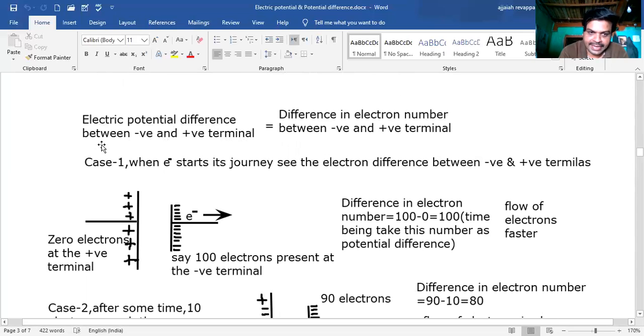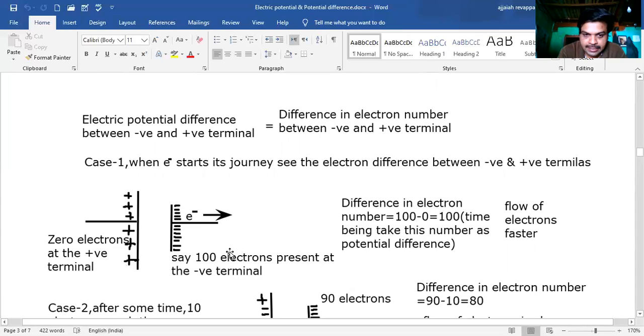So we'll take case number 1. This is the cell and this is the negative terminal. At this terminal, say there are 100 electrons present. This is the positive terminal where 0 electrons are present. No electron is present now. What is the difference in electron number between the positive and negative terminal?